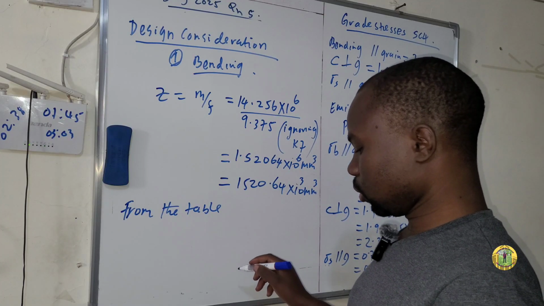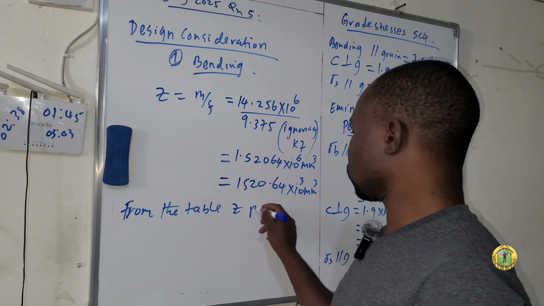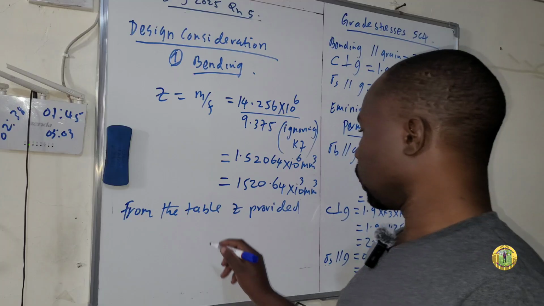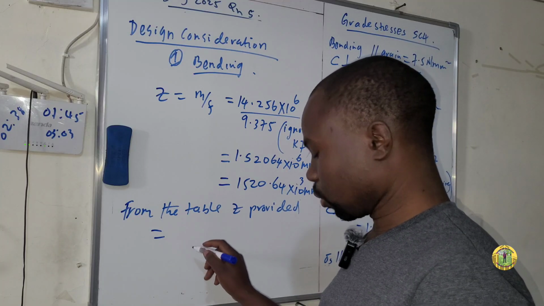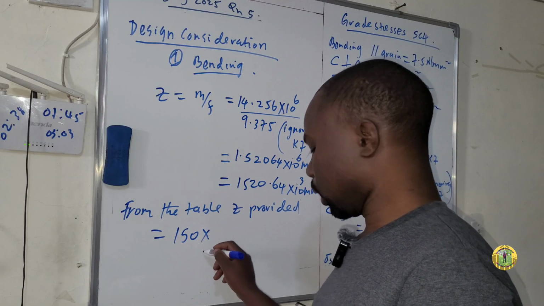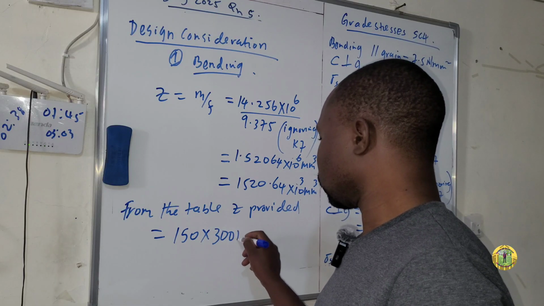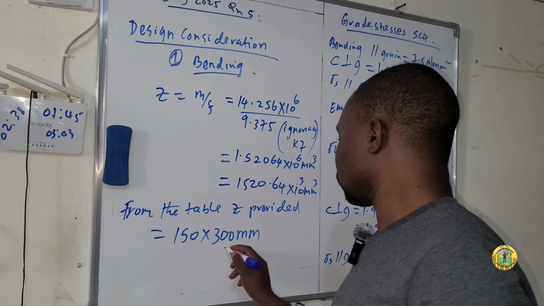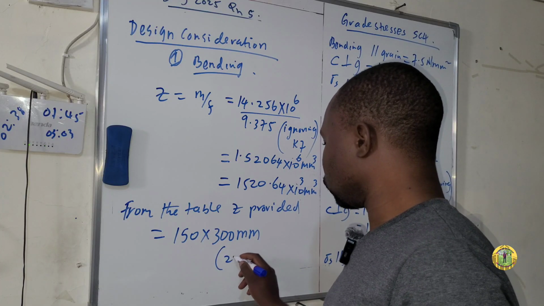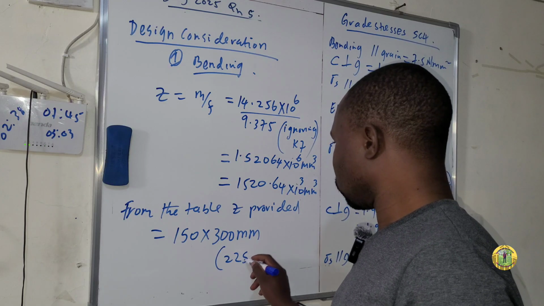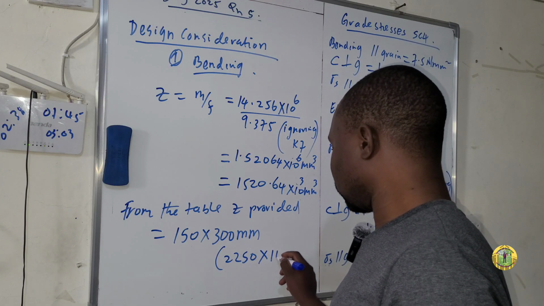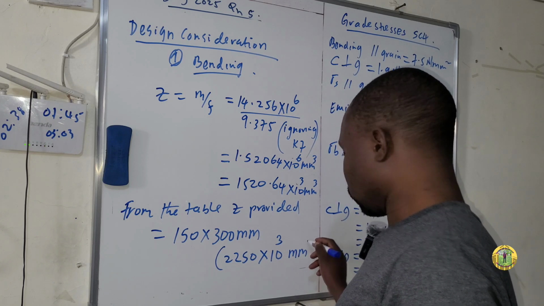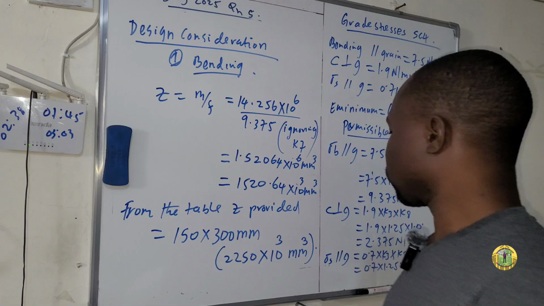So from the table, Z provided is equal to 150 by 300 millimeter, and Z is 2250 times 10 to power of 3 millimeter cubic.